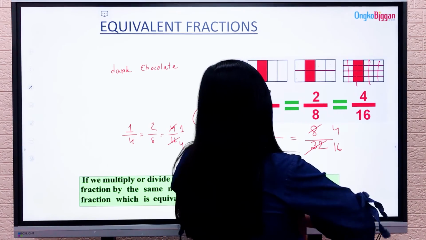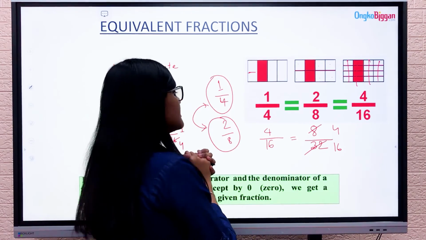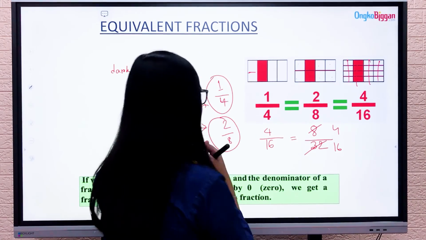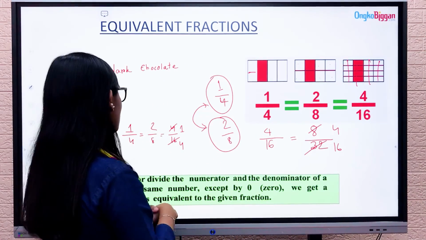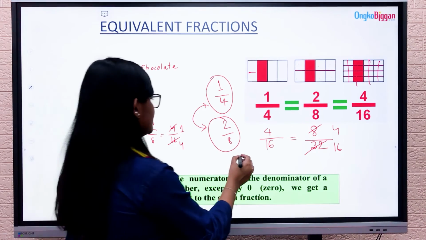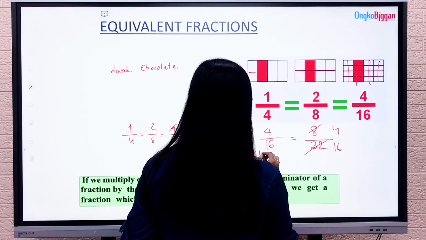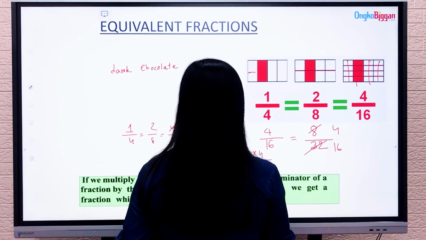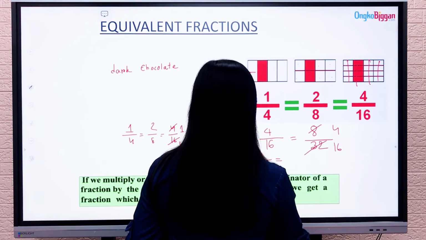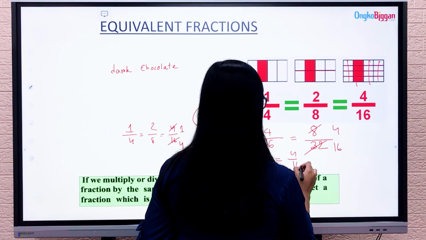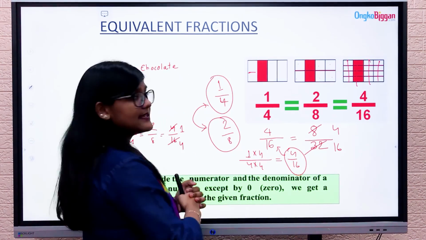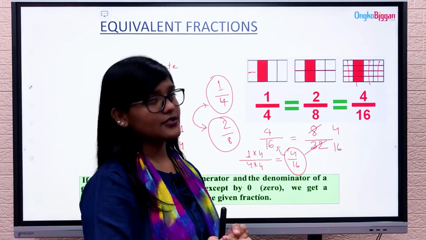That means in case of equivalent fractions, if we divide or multiply by a certain number, we will get the number back. Like if we multiply both numerator and denominator by the same number, 1 into 4, 4 into 4, we are getting 4 by 16, and we can say it's equal to this. So easily we can say these two are equivalent fractions to each other.